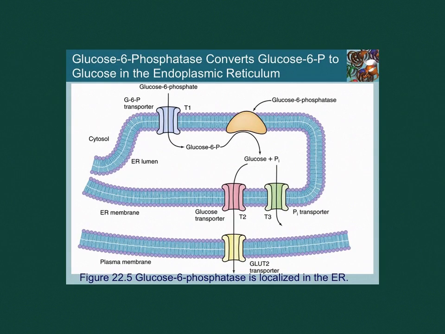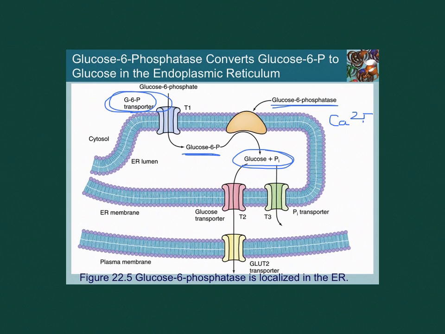Glucose 6-phosphate is transferred to the lumen of the endoplasmic reticulum. Here glucose 6-phosphate is hydrolyzed into glucose and inorganic phosphate by glucose 6-phosphatase. The phosphatase activity is dependent on a calcium 2+ binding protein.